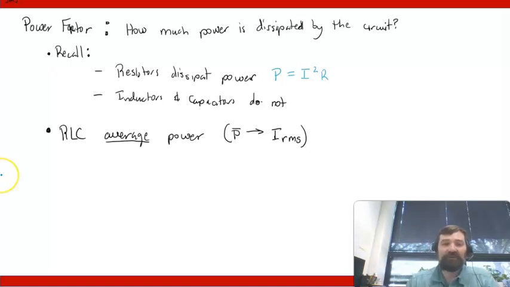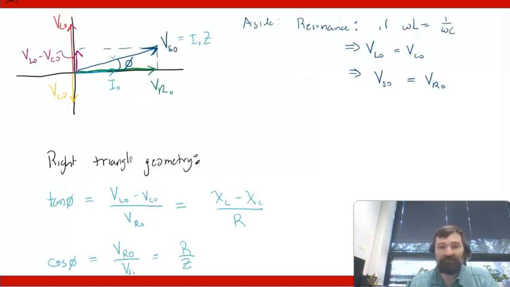But we want to do this in terms of the impedance of our circuit and this phase angle. In terms of those things, the average power being dissipated, again, you can use I_RMS squared. That should actually be 1/2 I naught squared for what that's worth.